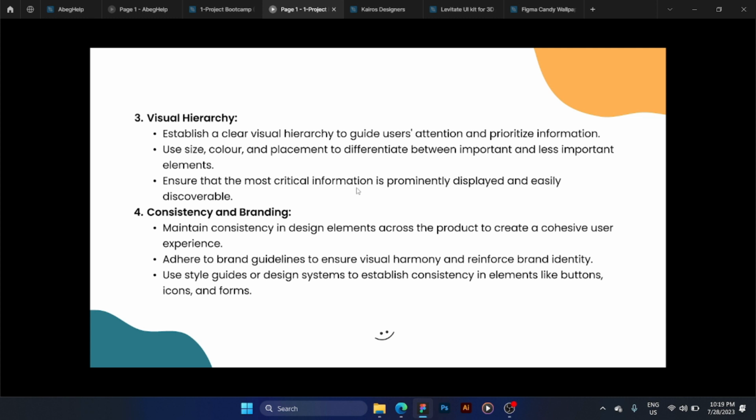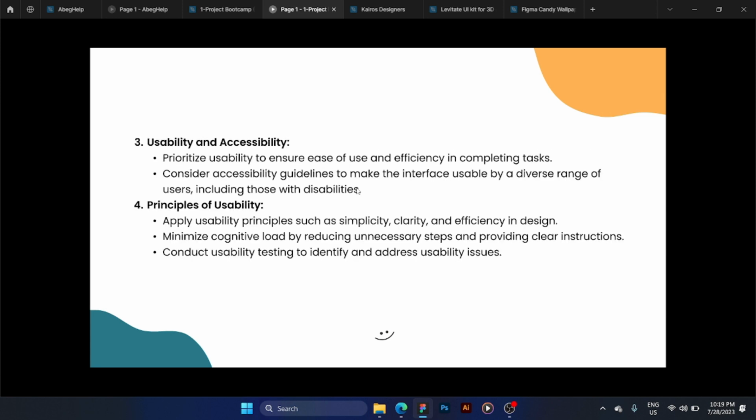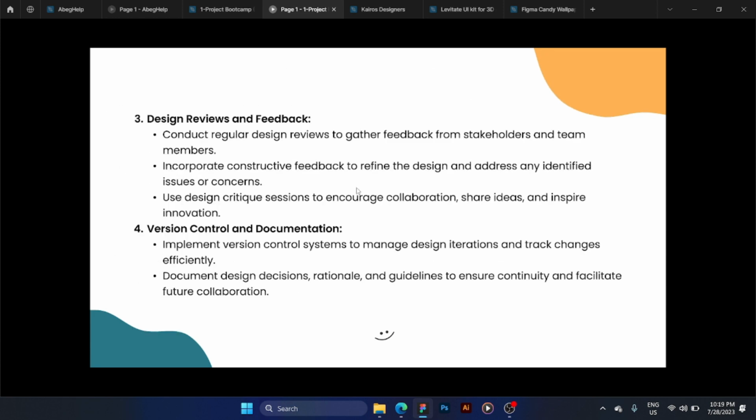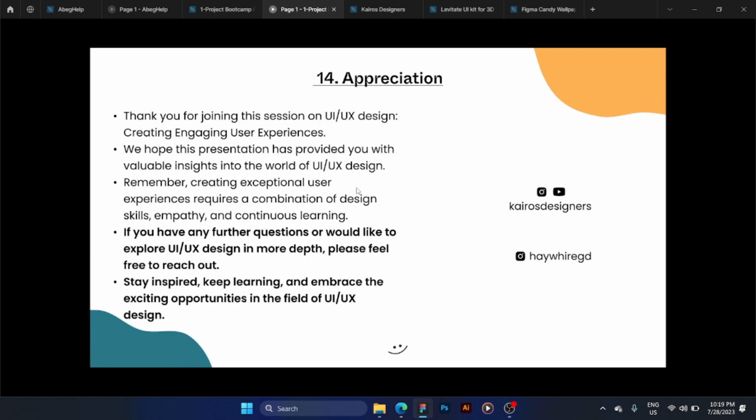I'm going to guide you step by step and show you some basics about what Figma is, what Figma does, what Figma can do, and probably tell you a few limitations of Figma. That's what I mean by that. All right.